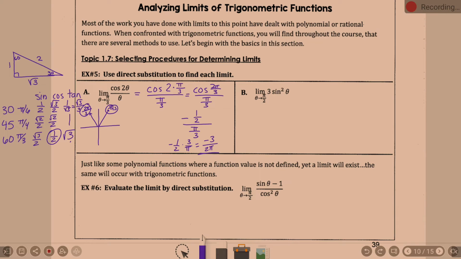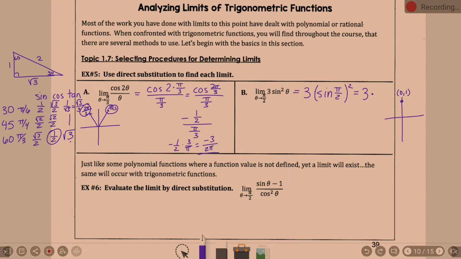Okay, B. The limit as theta approaches pi over 2 of 3 times sine squared. Okay, let's do this. 3 times the sine of pi over 2 squared. Sine of pi over 2 would be 1.